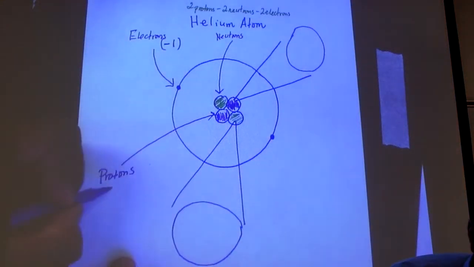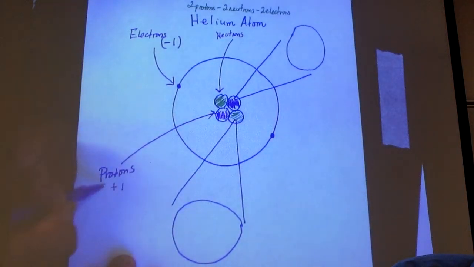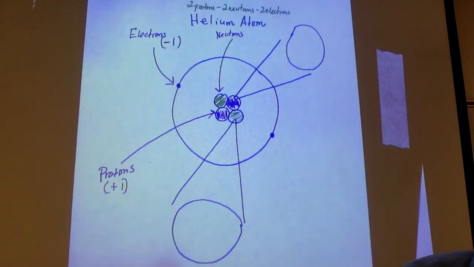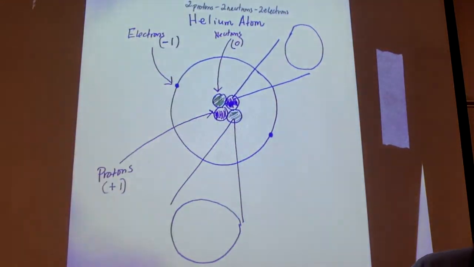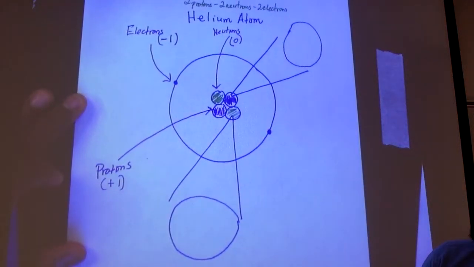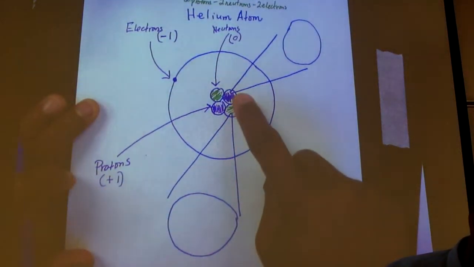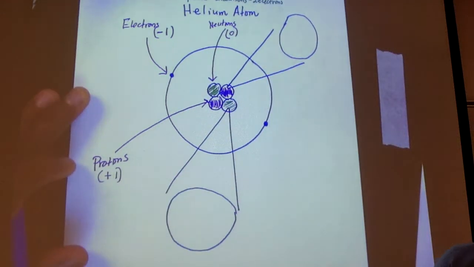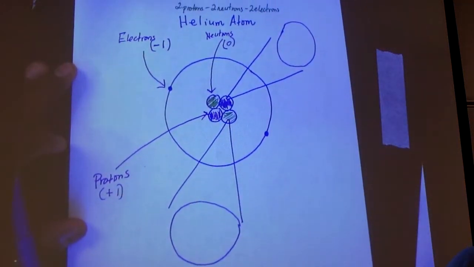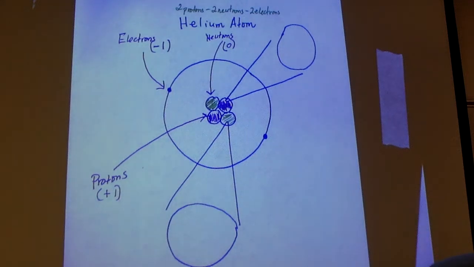Protons have a charge of +1, and neutrons, if you said no charge or 0, then you're correct. Now, I drew these circles as magnified circles because I want us to show what's actually inside of a proton and what's inside of a neutron.